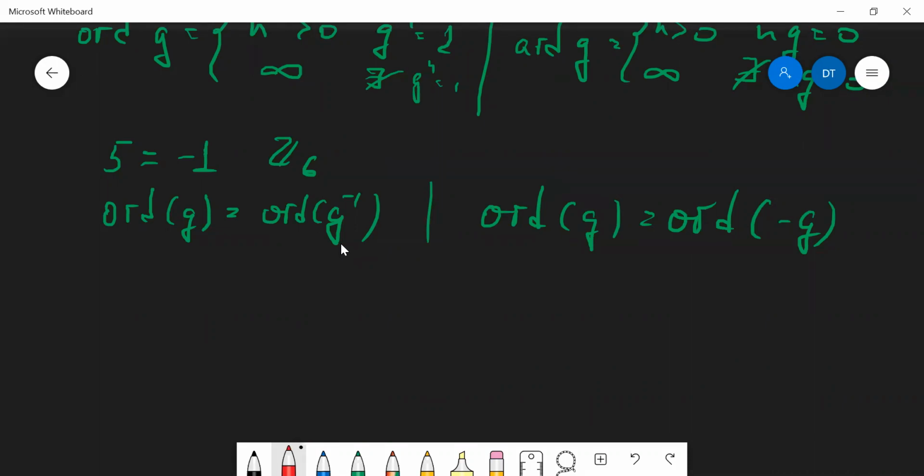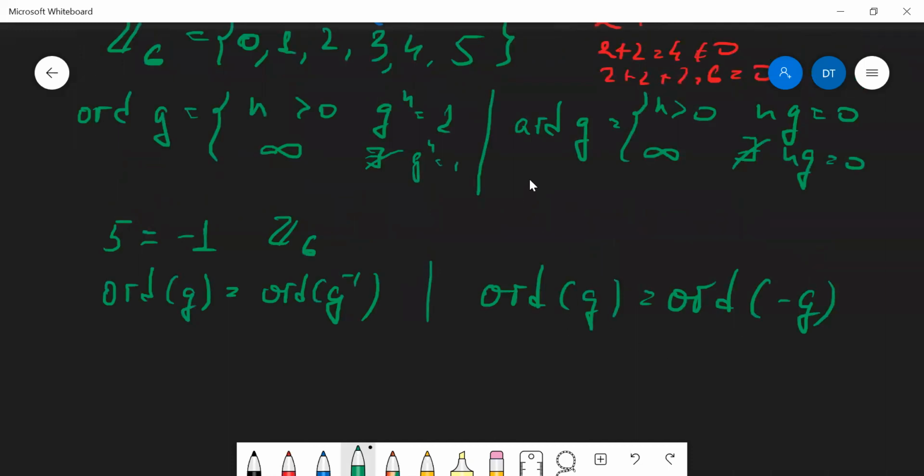By the way, Andrei posted in the chat the proof of this claim for the additive notation. Is there anyone who doesn't understand why this line implies this equality? Should I explain that? Okay, so it's clear to everyone.